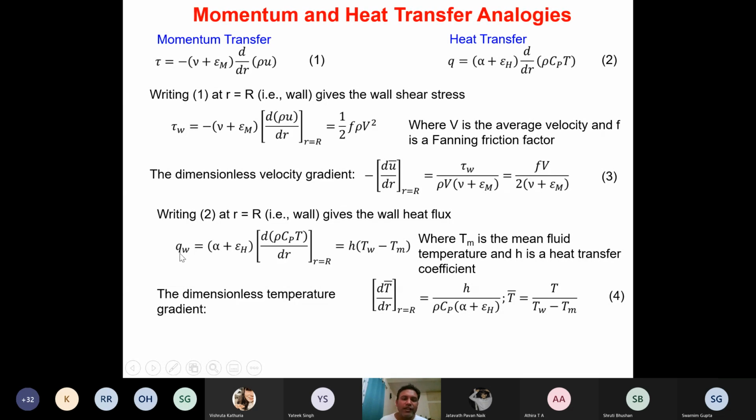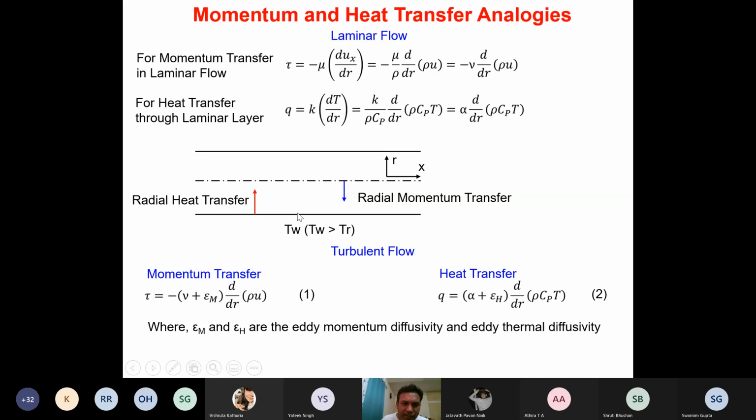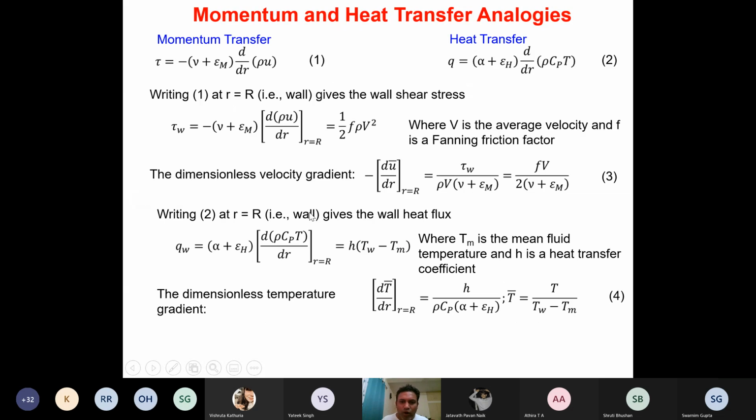The wall heat flux is given as QW, which is again given by (alpha plus epsilon h) d rho Cp T by dr at r equals R. And as you can see, the wall heat flux can be given in terms of Newton's law of cooling, that is h delta T. So that is written as h (Tw minus Tm), where Tm is the mean fluid temperature and Tw is the wall temperature. h is the inside heat transfer coefficient.